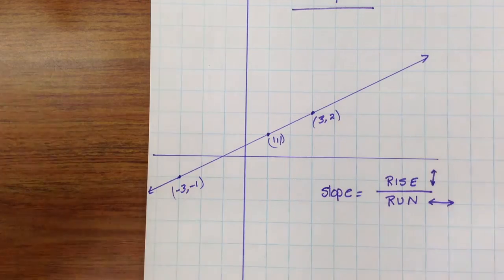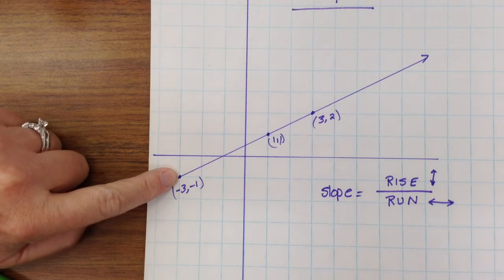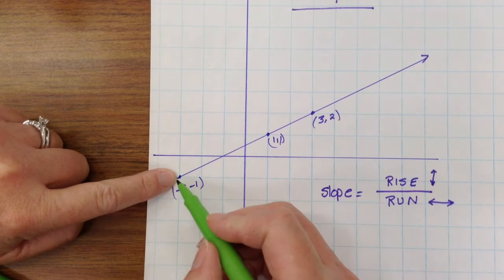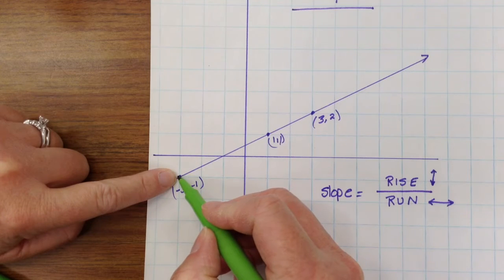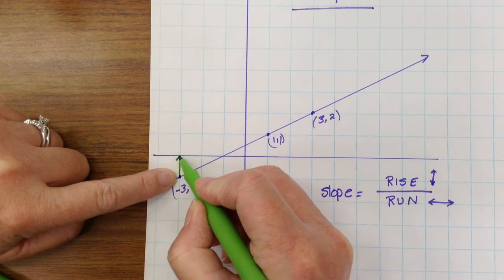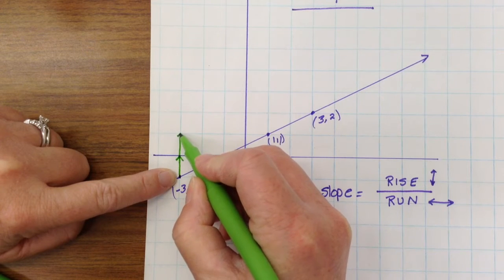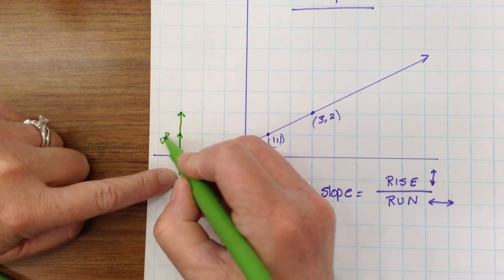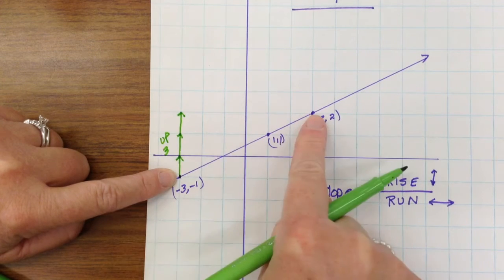Yeah, let's go. So here's what I've got. Starting here at -3, -1. In order to get over there, I would need to go up or down, but in this case up, 1, 2, 3, to put me at the same height as that dot.